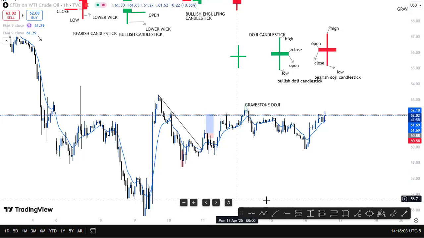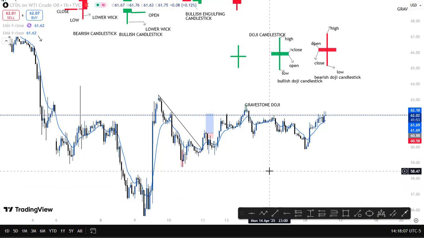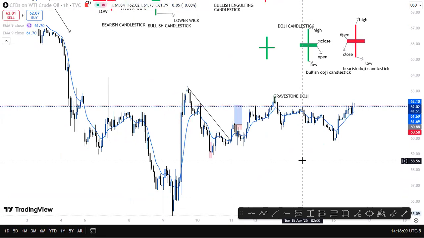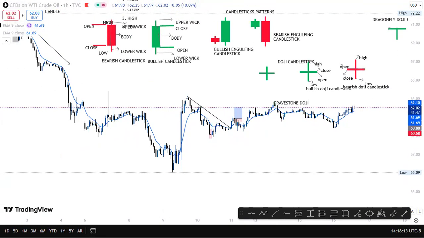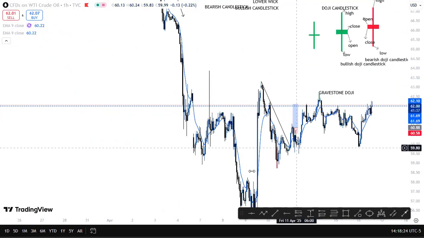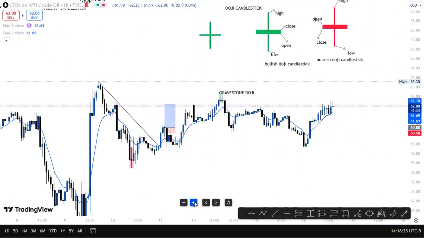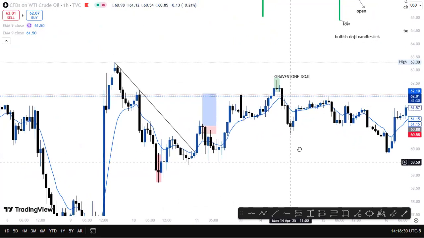And when a bullish doji candlestick happens at the bottom of a downtrend, it means that a reversal might possibly happen, but it's not 100%, right? It's not 100% that when these candlestick patterns form, there will be a reversal immediately. No, it might not really happen the way you see it. So this is an example. Let me use this one as an example of a bearish doji candle.